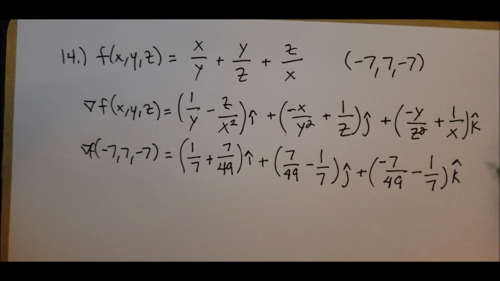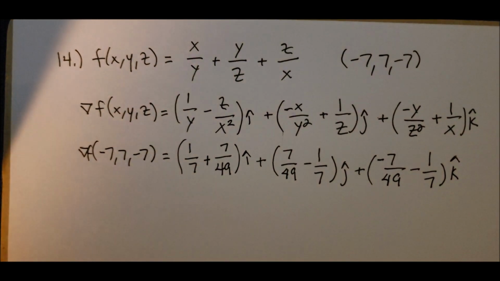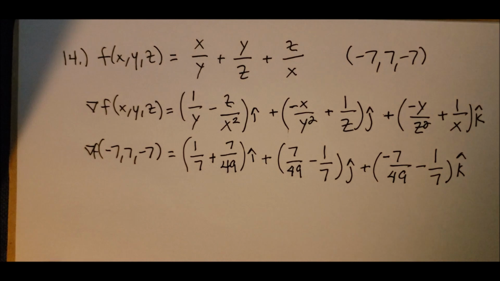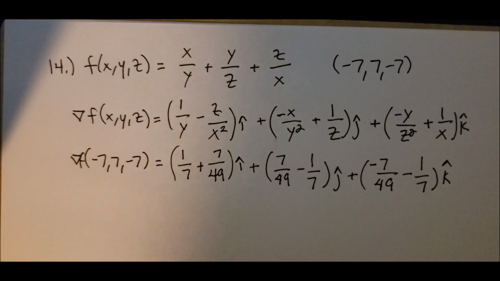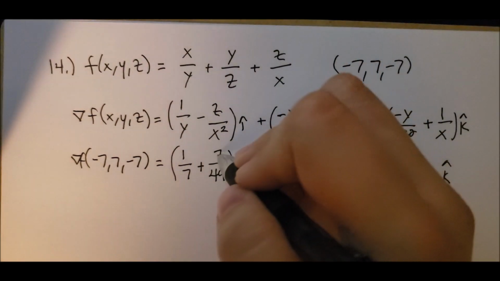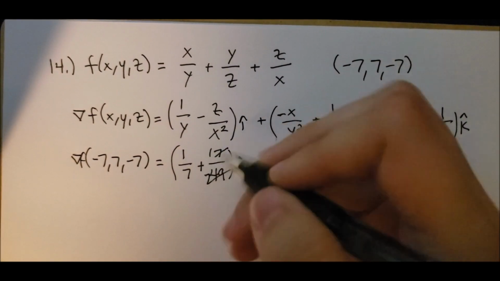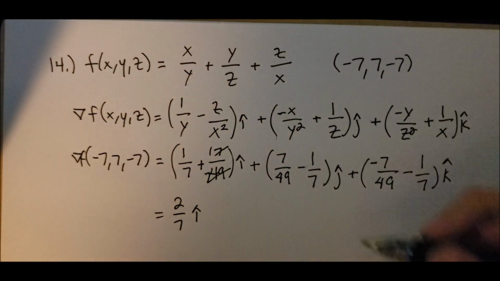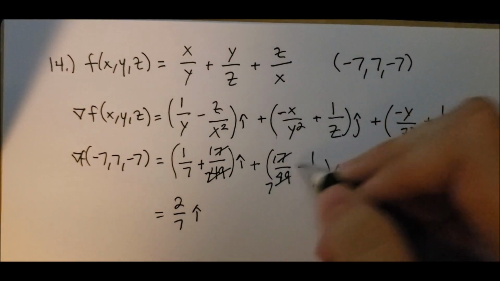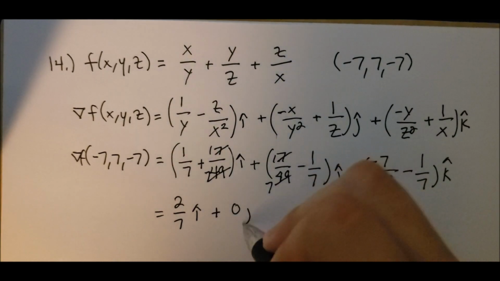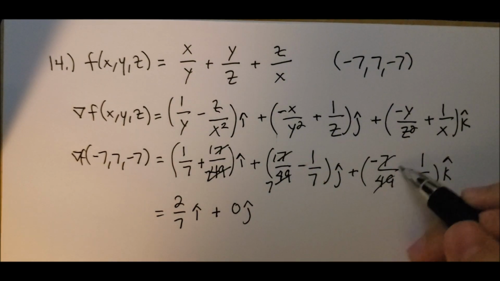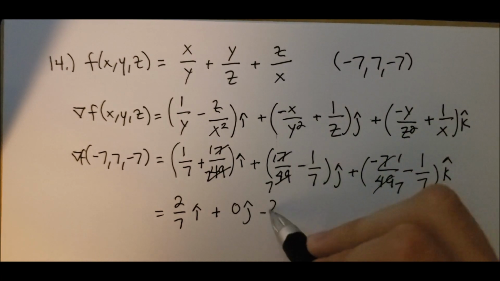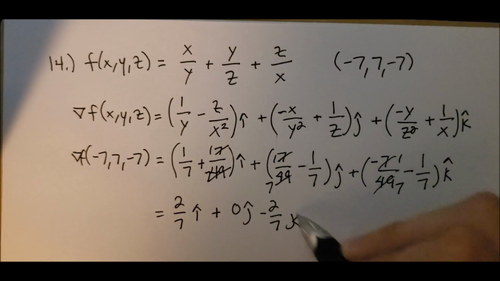Negative. So that's 1/7, so that's gonna be 2/7. That's 1/7, that's gonna be 0. That's 1/7, that's -2/7. Okay.